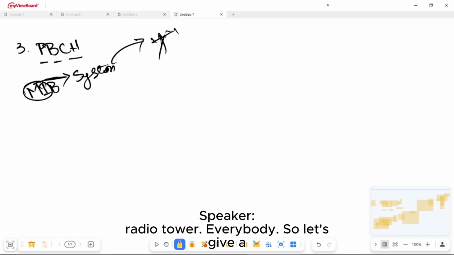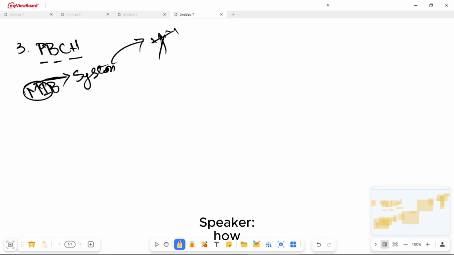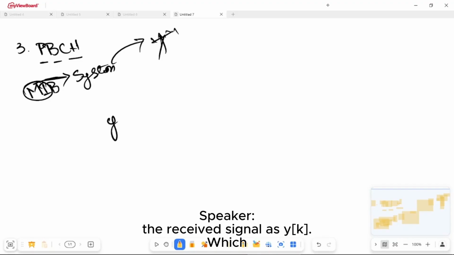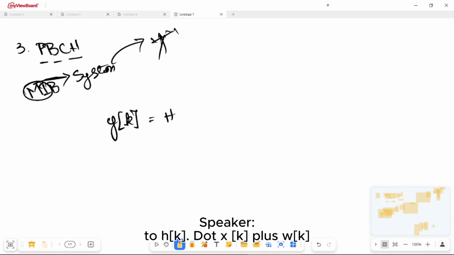So let's give a generic formula and see how PBCH is found. Let's consider the received signal as y of k, which is equal to h of k dot x of k plus w of k.